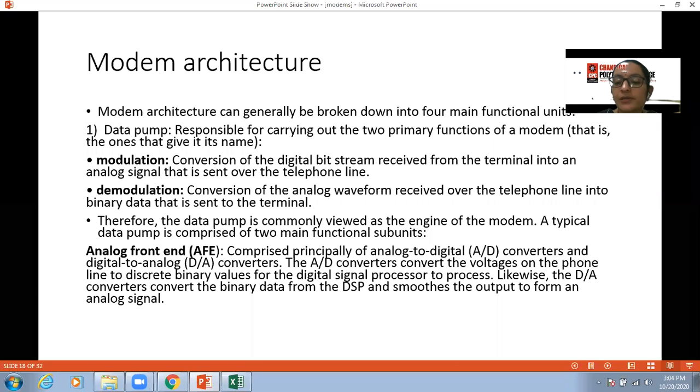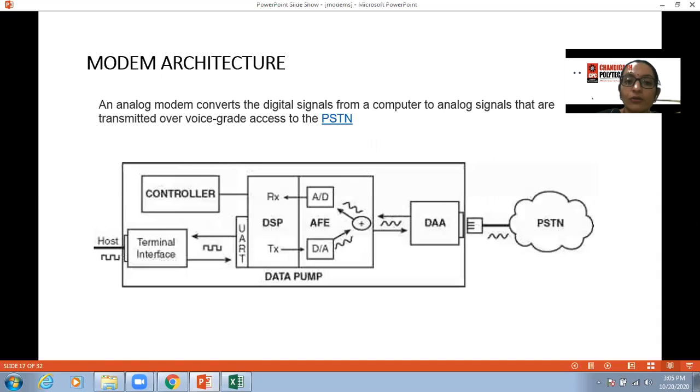The data pump is commonly viewed as the engine of the modem, and a typical data pump is comprised of two main functional units or subunits. First one is AFE, which stands for analog front end. Here it is AFE, in between the A to D converter and D to A converter.